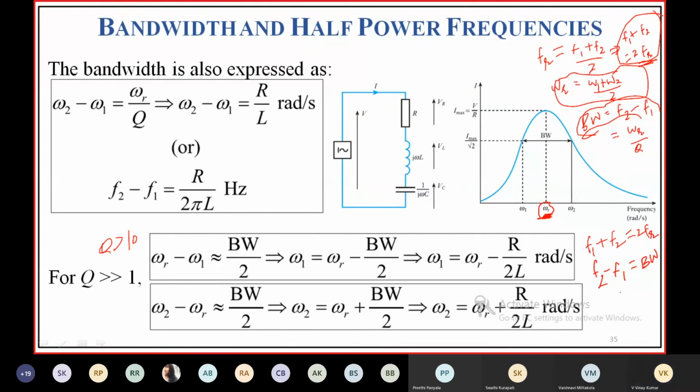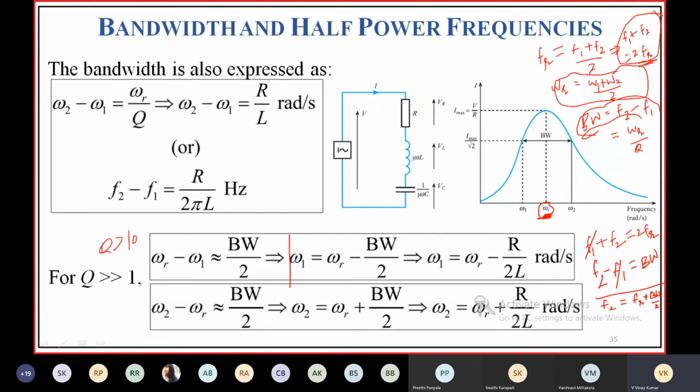So after solving these two equations, okay, then F2 is equal to Fr plus bandwidth by 2.